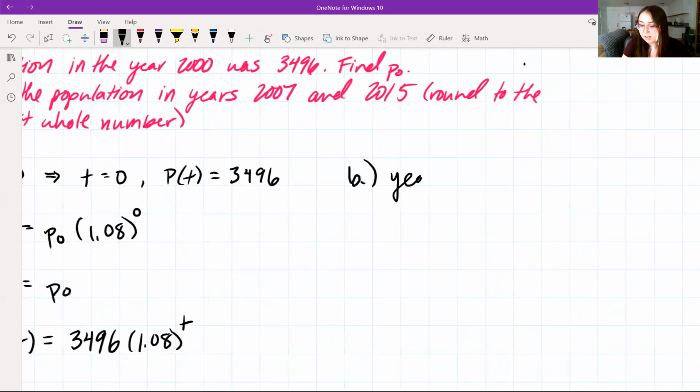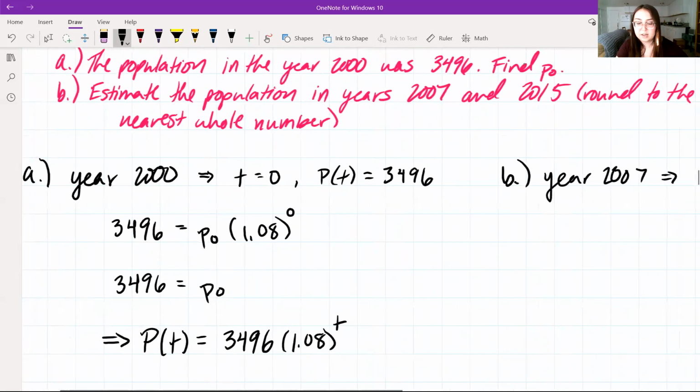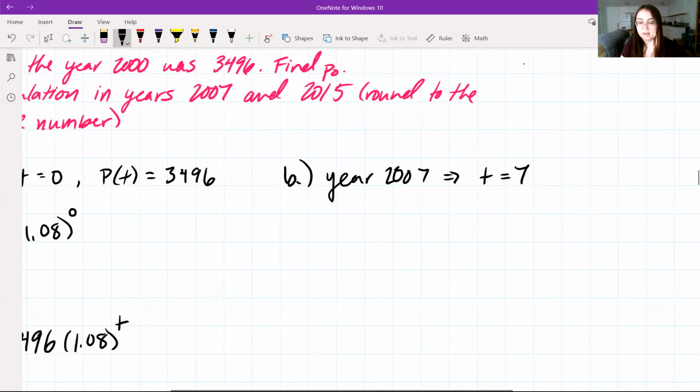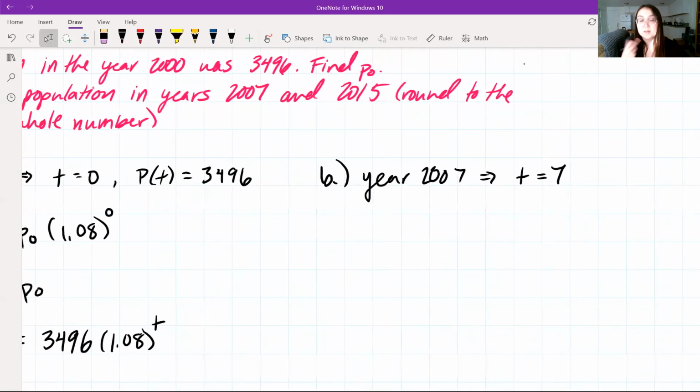So if we consider the year 2007, and we know that t equals 0 corresponds to the year 2000, then 2007 will correspond to t equaling 7. So now we can just plug everything into our equation for P of t and solve. So we know that P of t is equal to 3,496 times 1.08 to the power of 7.